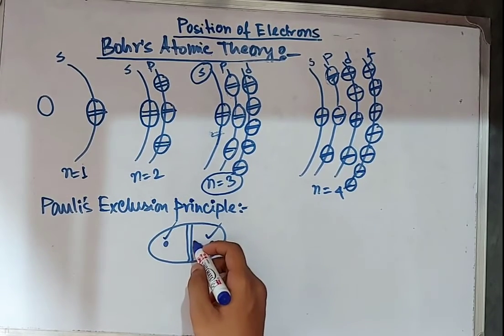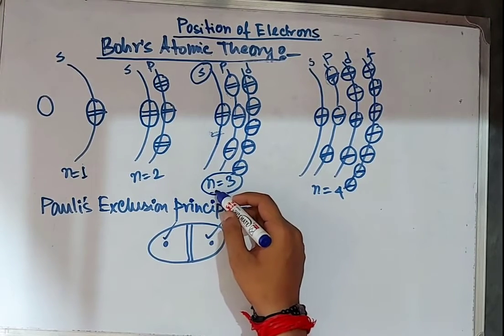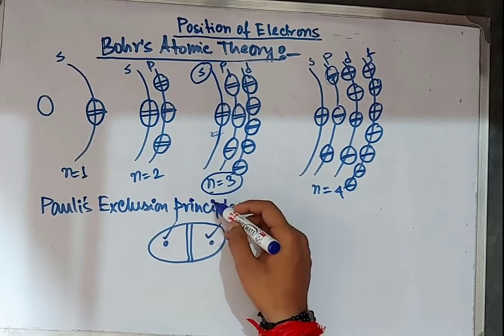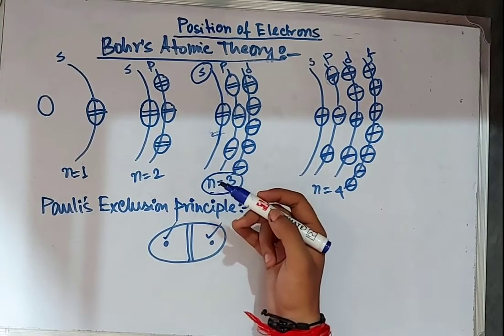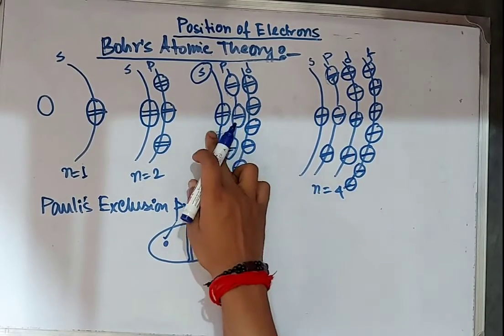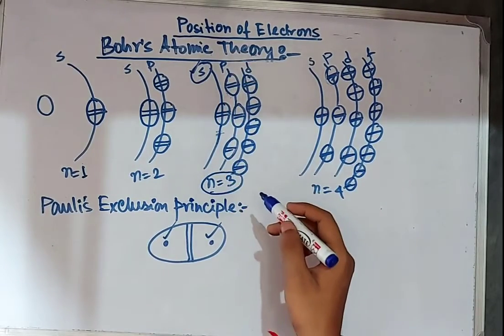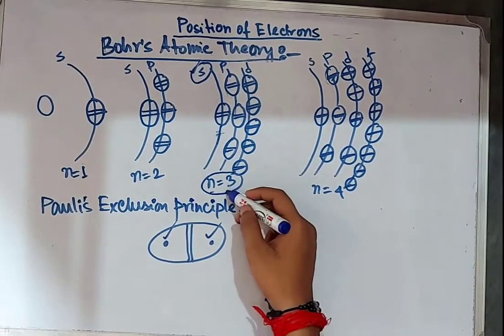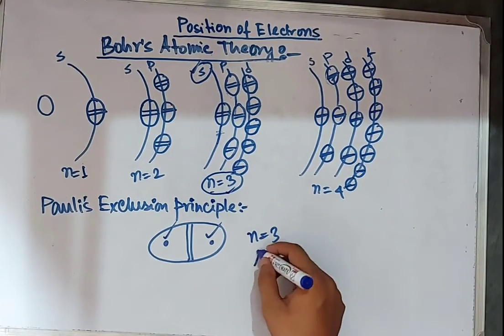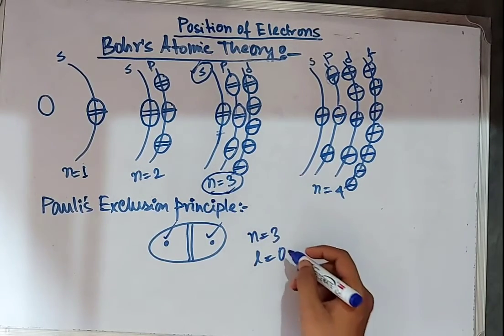These electrons have the same principal quantum number because they are present in the n equal to 3 shell, and they also have the same magnetic quantum number because both of them are present in the S subshell. So their n value is 3 and L value is 0, because for S the L value is 0.